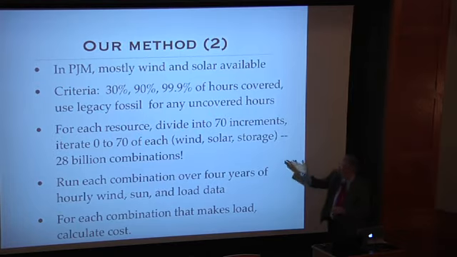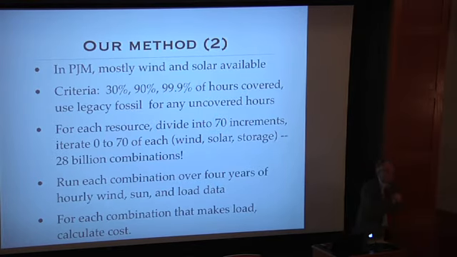Say there's 1,000 gigawatts of wind power inland in PJM, we divide 1,000 into 70, and so we do, well, let's say it's 700. So we're going to do 10, 20, 30, 40, a lot of iterations here.